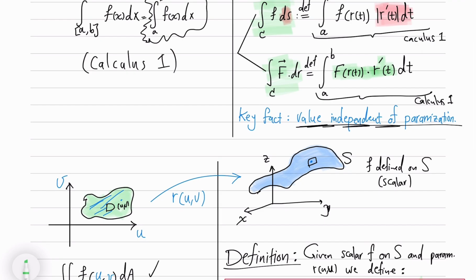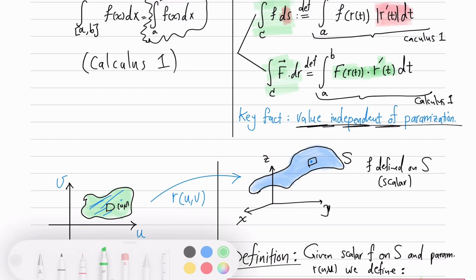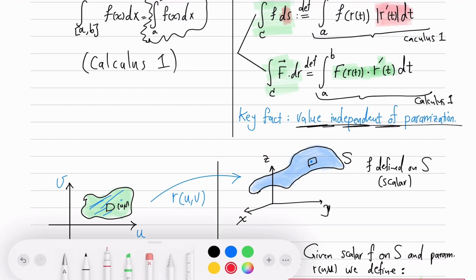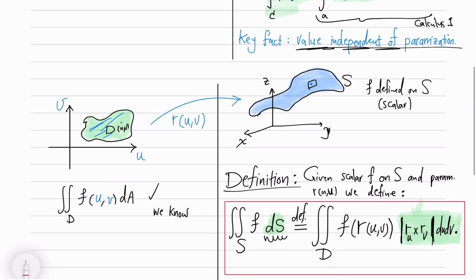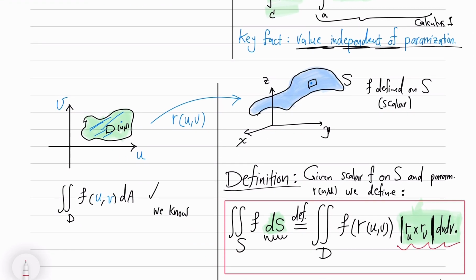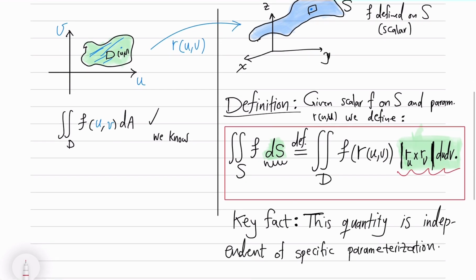So there, this is called the line integral element. Here you can call this the surface area element. This is the infinitesimal quantity. That means the Jacobian is built into it, which makes this object intrinsic, independent of the parameterization. That will be how we define the integral of a real valued function on the surface.